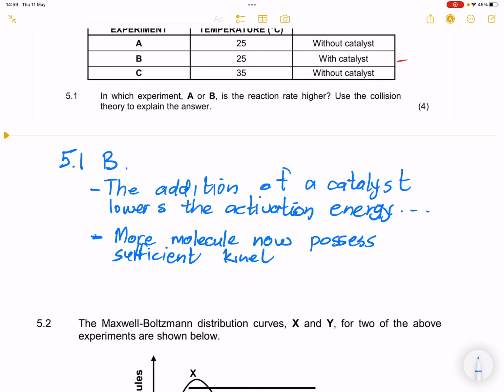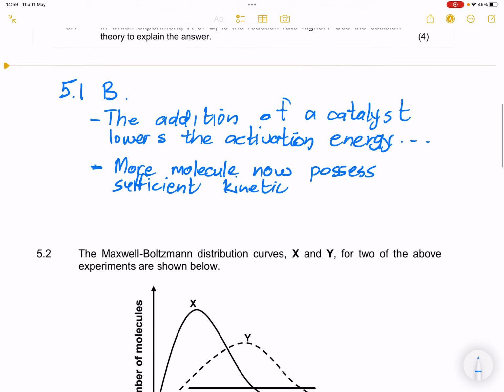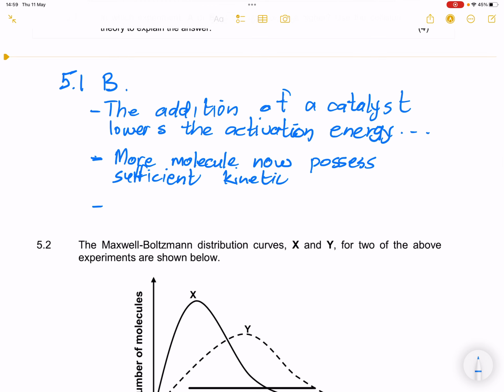That will lead to an increase in the number of effective collisions per second.